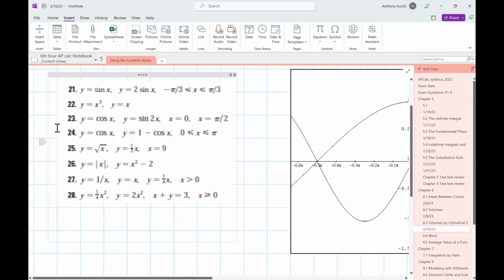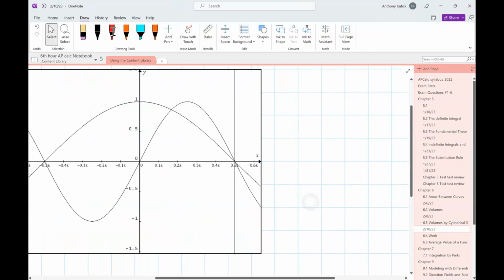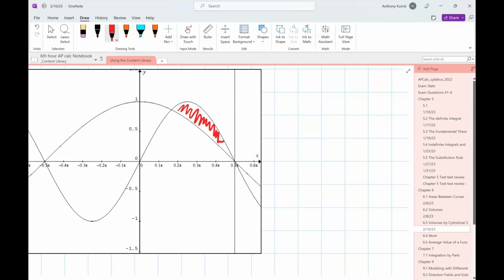All right. So we're interested in this region here, right? First thing we need to do is, we have two regions we're interested in, right? And we have this region over here.